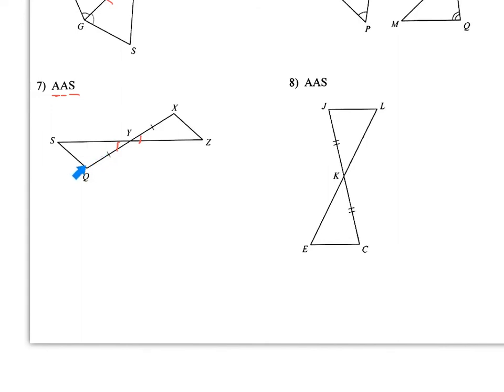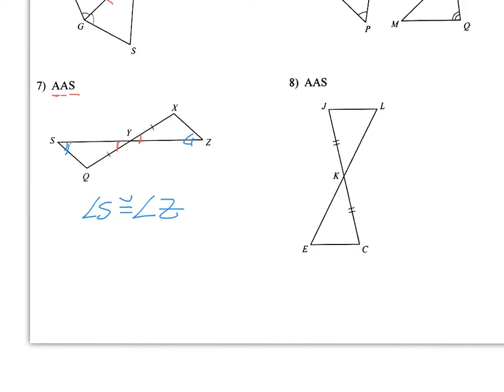Well, I can't put the angle here because then that would go angle, side, angle. So it has to be this angle here. Angle, angle, then the side. So I need angle S here. In the other triangle, that would be angle Z, because it would go angle, angle, side. So what do I need to know? I need to know angle S is congruent to angle Z.